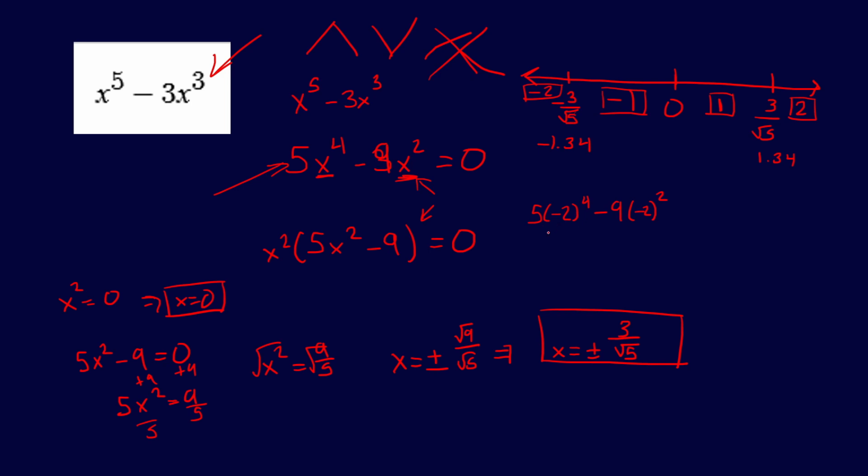All right, this is going to be 5 times 16 minus 9 times 4, which is 36. So 5 times 16 is 80, minus 36, that is going to give us a positive number. So we know here it'll be positive.